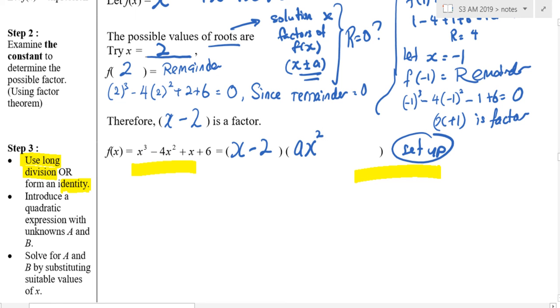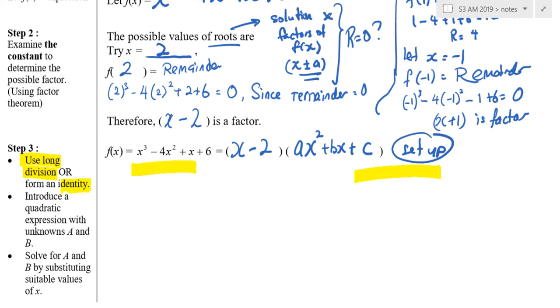Now, if this is ax square, the general thing behind will be a term lesser than x squared, lesser than x. So, can you write down? This is always the case for a cubic equation, because you need an x squared to produce the x cube.